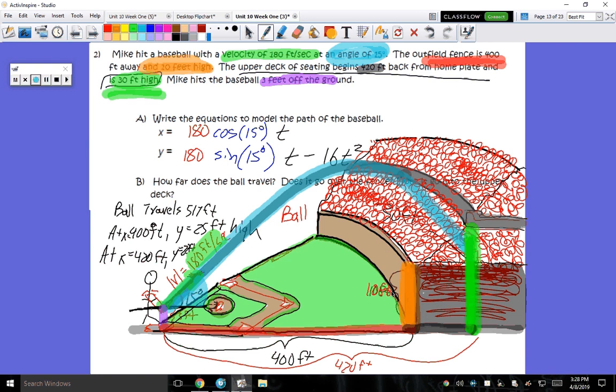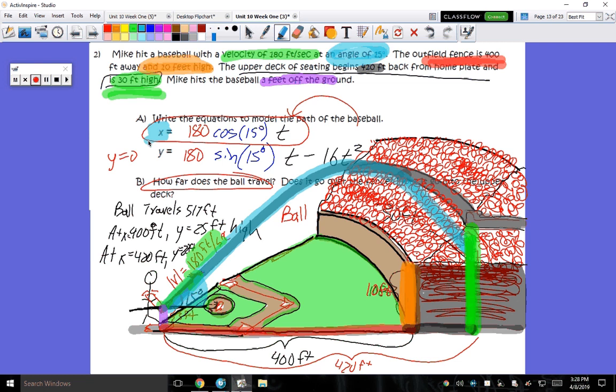Y. To see how far it traveled, we're going to set y equal to 0, and guess what we're going to solve for? We're going to solve for t, to see when would the y value equal 0. And when we get that value, we're going to plug that t into our x parameter so that we could see how far it traveled.